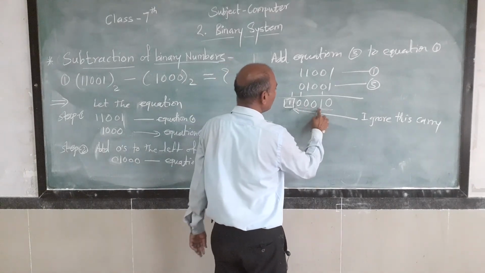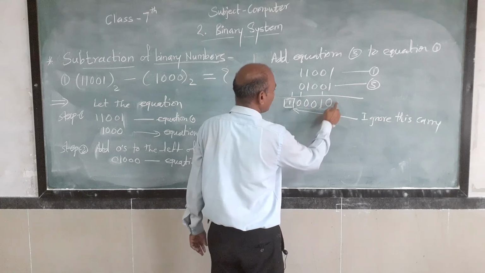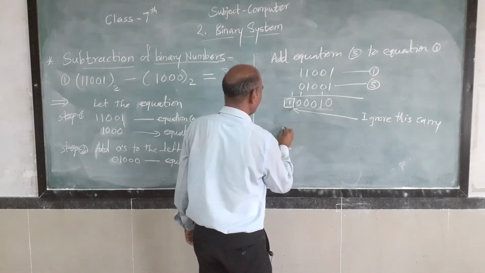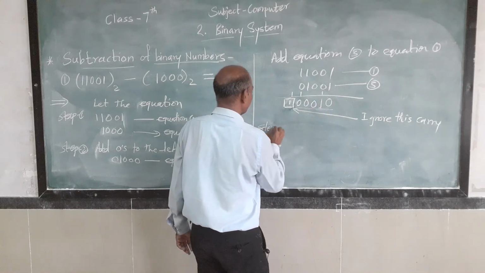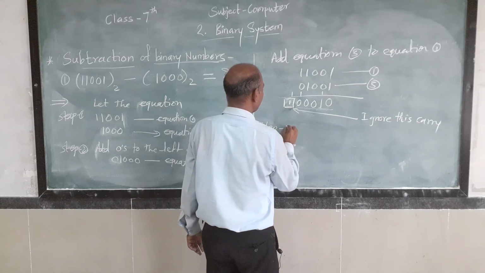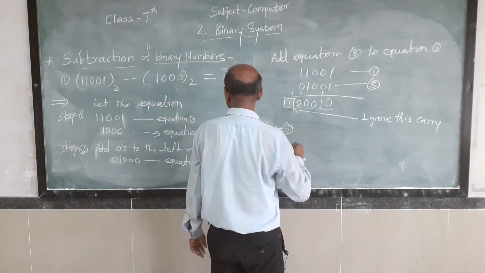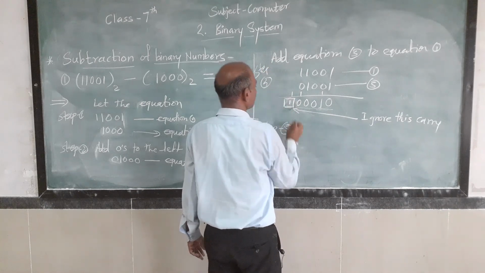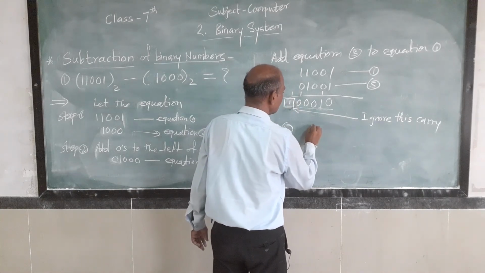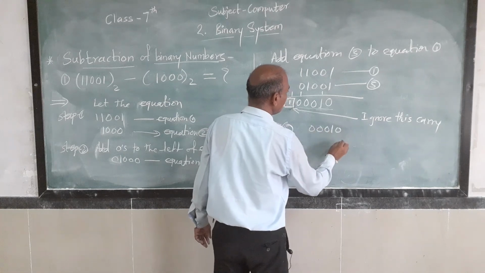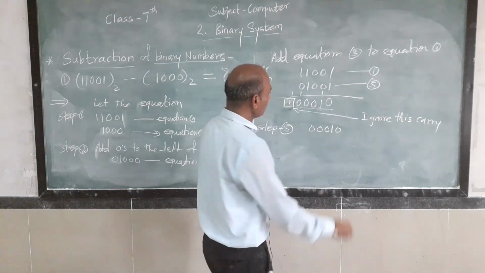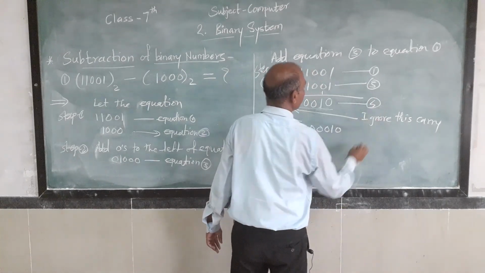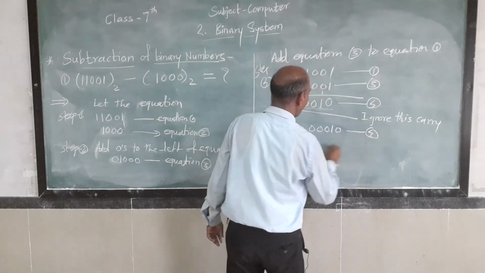What do we have to do then? We add 1 to this sum. This is step 5. The sum 0 0 0 1 0 we assume as equation 4.